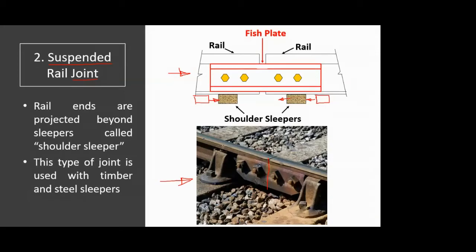There is only ballast, and the sleepers at both sides of the joint are known as the shoulder sleepers. These are the terms that you have to remember while explaining these concepts in your exams as well. So you should not just say it's a sleeper, but use its typical name, the shoulder sleeper.